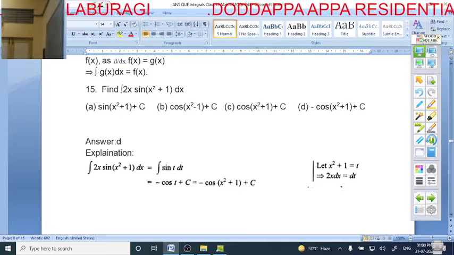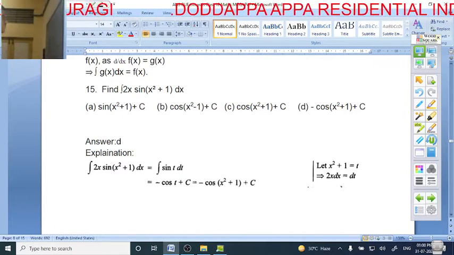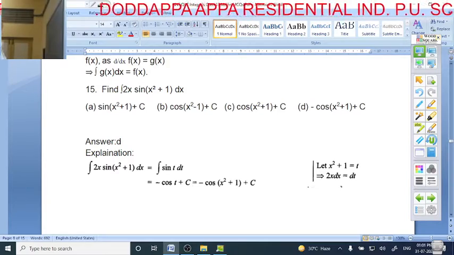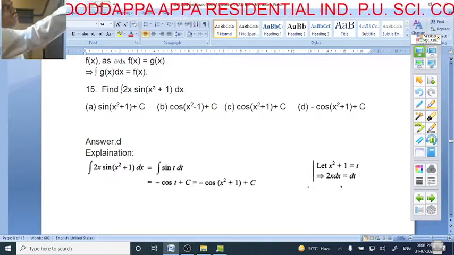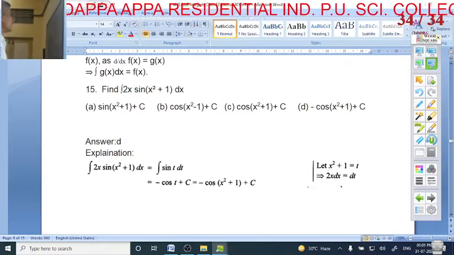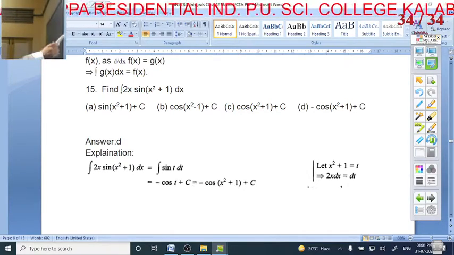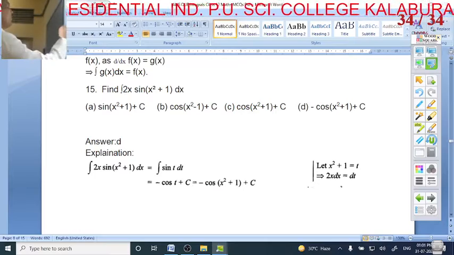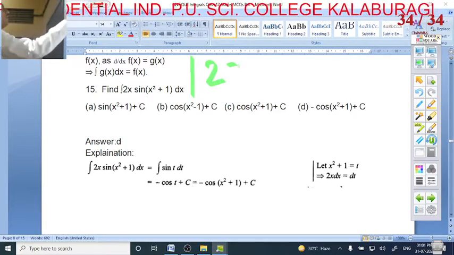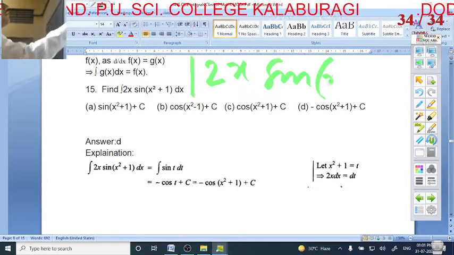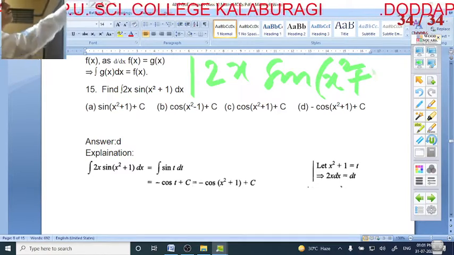Integration of 2x times sine of (x square plus 1). Here, the functions in product are the variable 2x in multiplication with the trigonometric function sine of (x square plus 1).